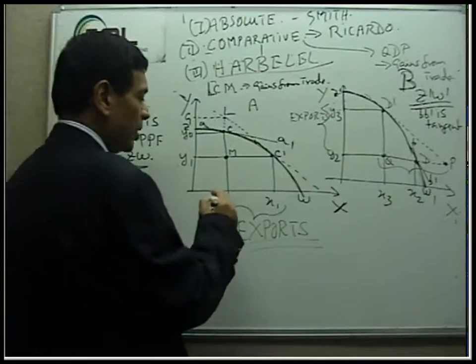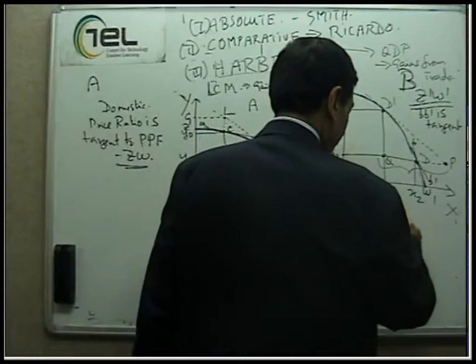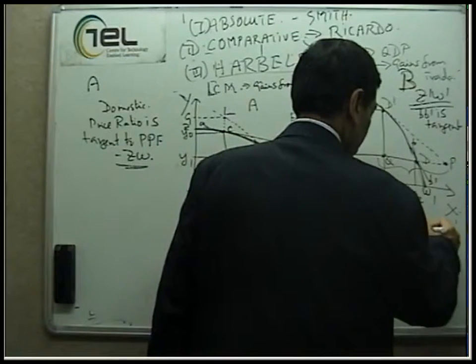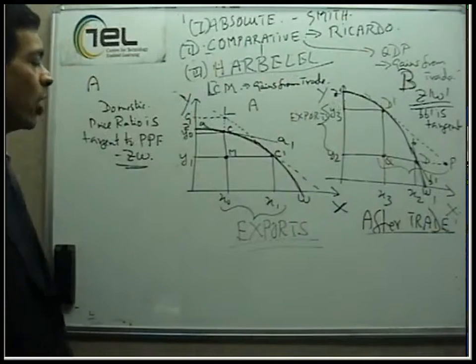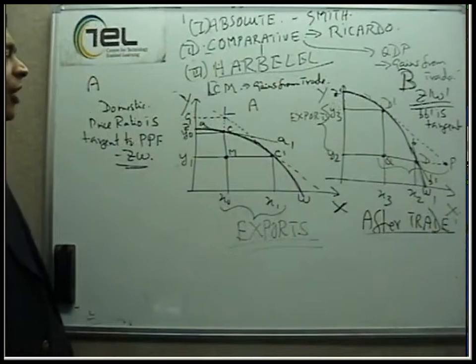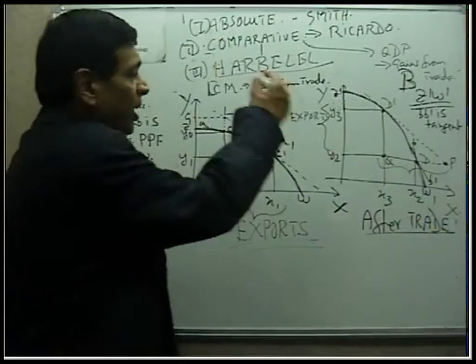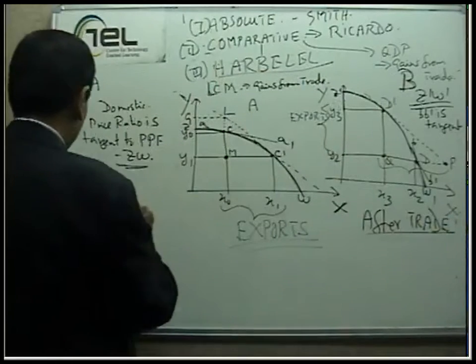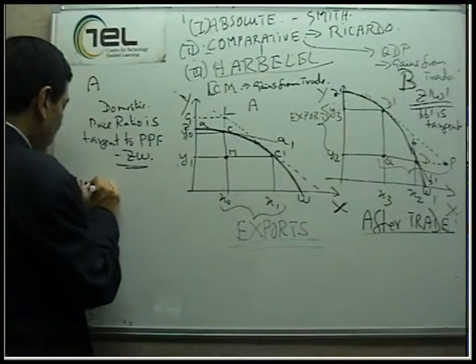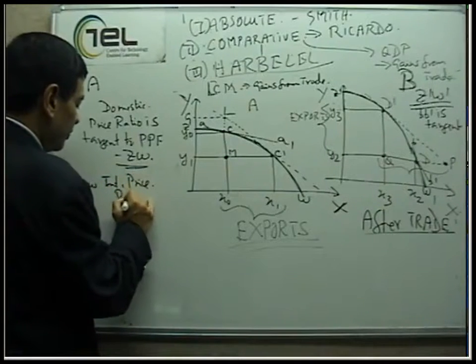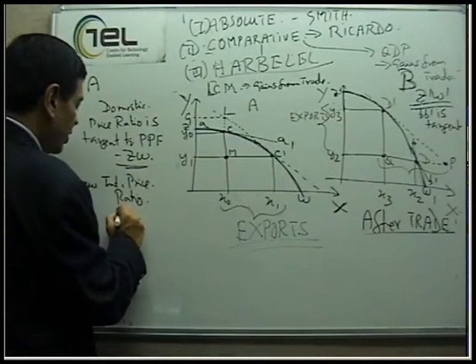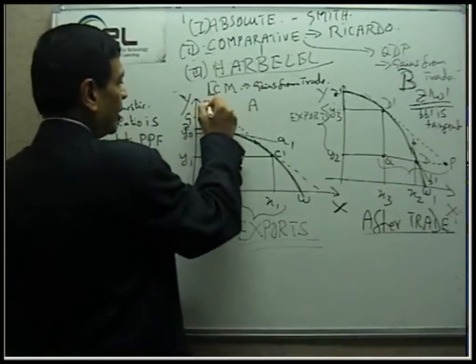Now, after trade, what next? Well, what happens after trade is that the new international price ratio is determined. Let's call it PP dash.